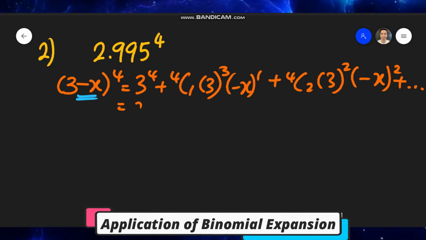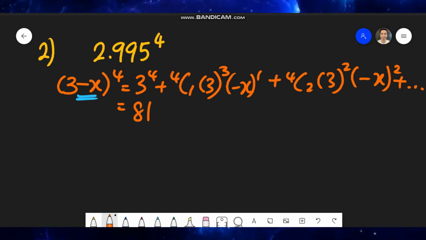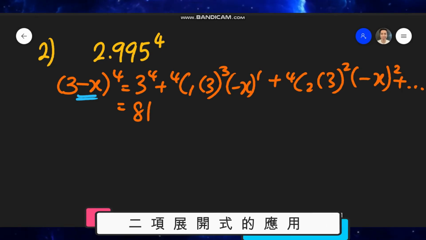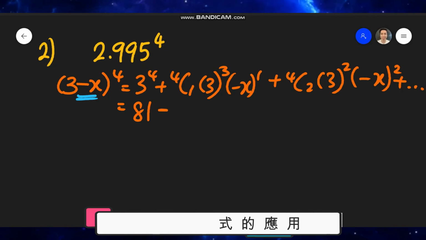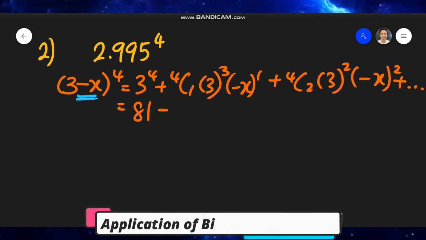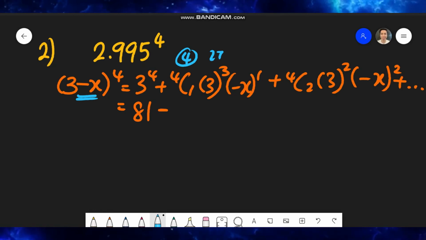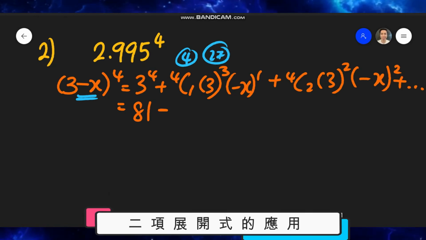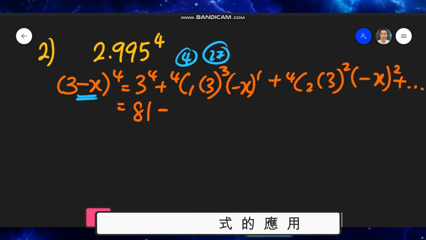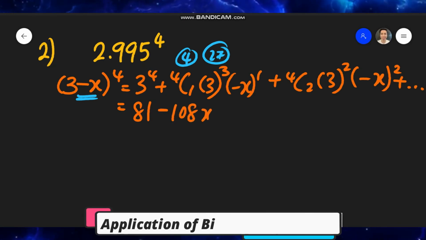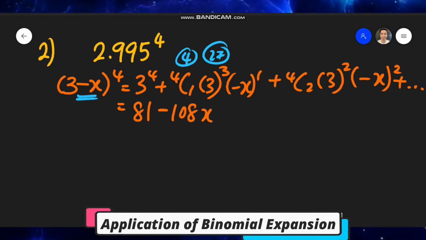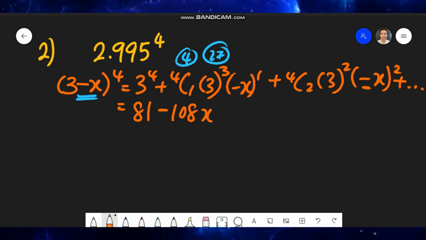So if you are good, then you can memorize the value. 3 power 4 is 81. Then here plus minus is minus. 4c1 same goes to here. So 4c1 is 4. 3 cube is 27. So if we times that together, will give us 108, right? 108x. Then here negative square is positive, right? So here will become positive.